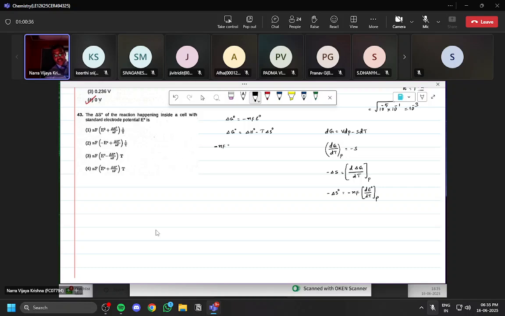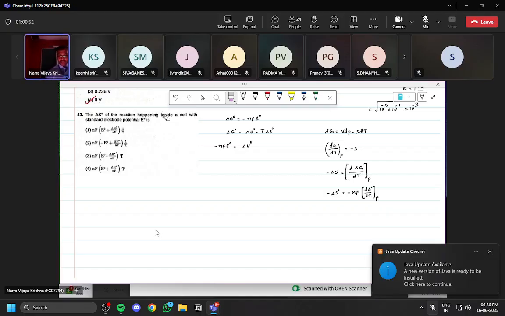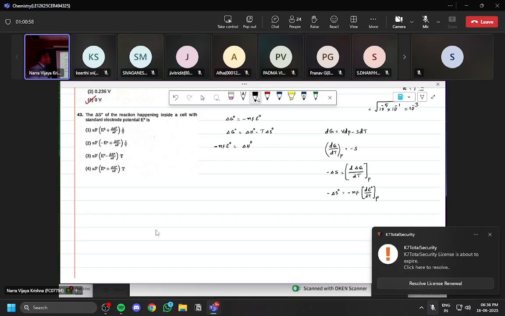Minus NF E naught equal to delta H naught. What do you want? You want delta H naught value or delta S naught value? We need to find the delta S naught equation. No need to substitute now. We want the delta S naught equation only.